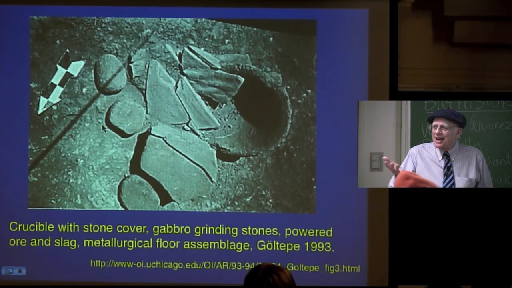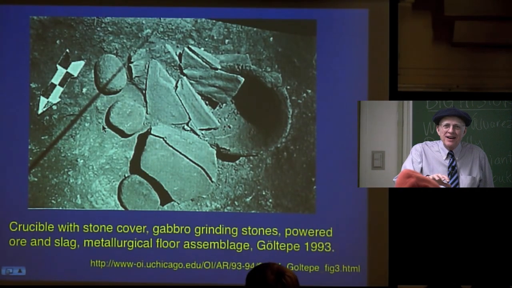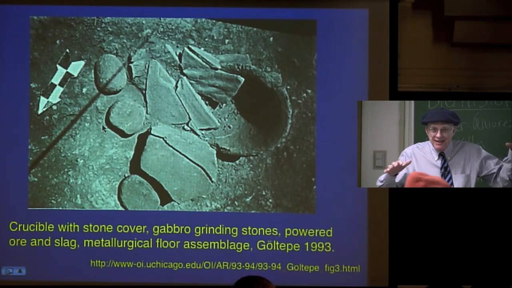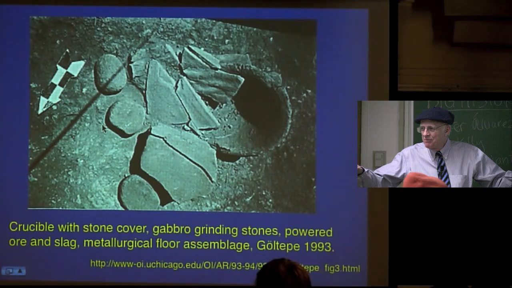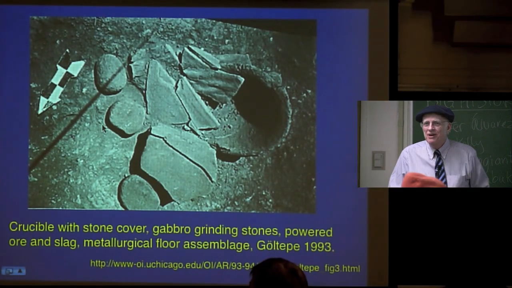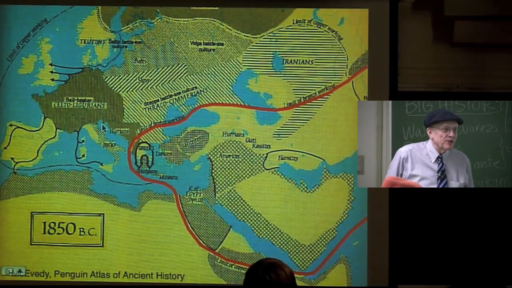So this was a kind of a nice little nexus there. You had the tin in Turkey, the copper in Cyprus, and they form in completely different geological environments that happen to have been brought together by plate tectonics. Cyprus and Turkey didn't used to be next to each other, but plate tectonics put them next to each other, and that made it possible to make this the center for the Bronze Age.